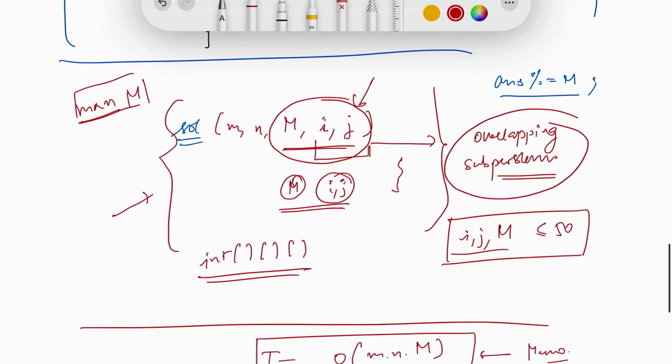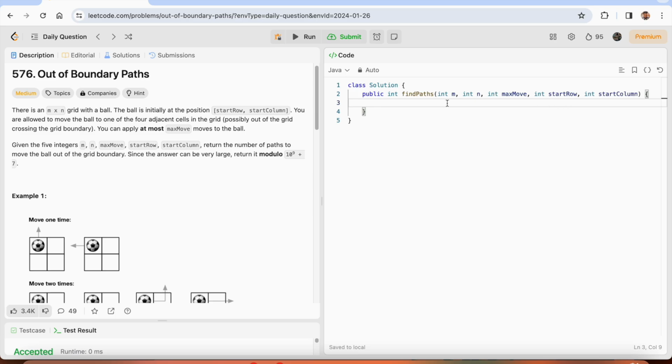Now let's quickly code this problem. Let's start writing the code. First of all, I will write a helper function where I will pass all these variables: m, n, the constant grid dimensions, maximum move, start row and start column, and I will be returning int from it.